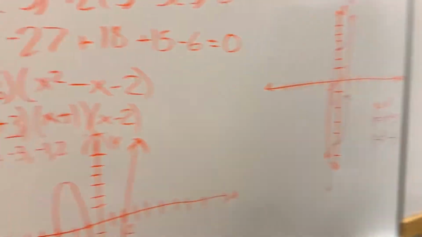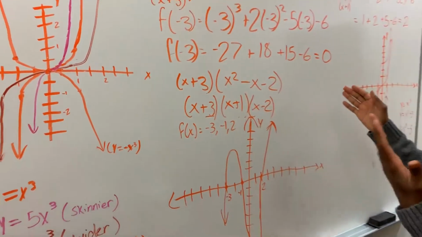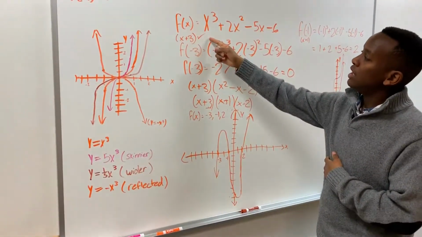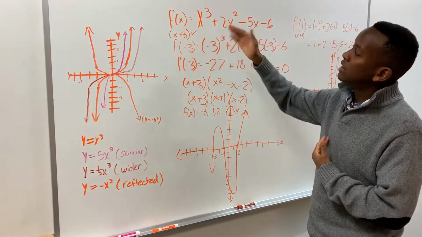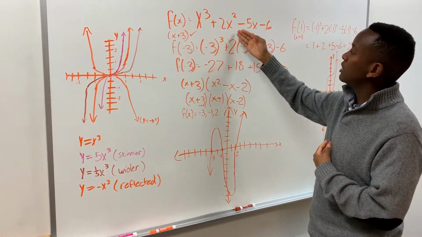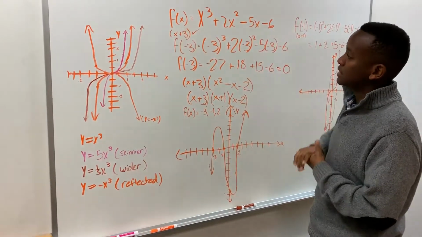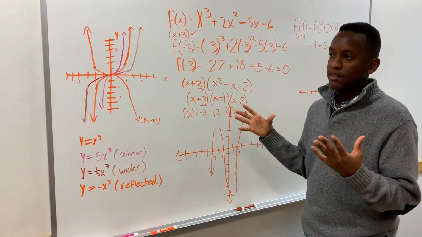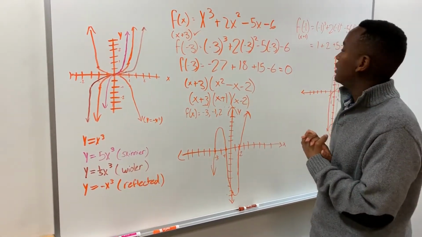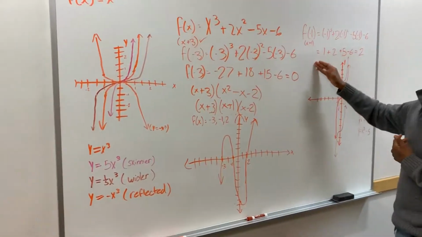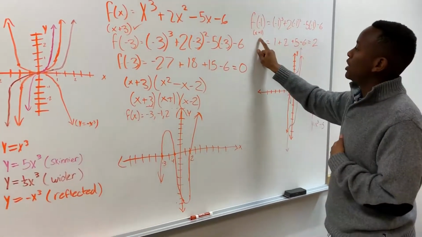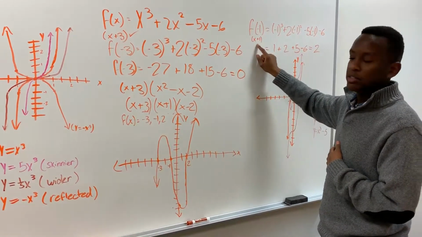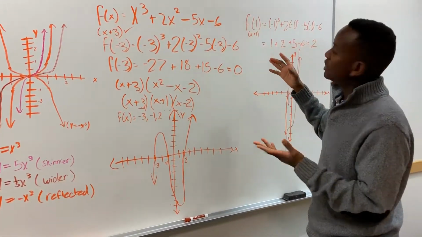And then for an example of a cubic function, we have this function: x cubed plus 2x squared minus 5x minus 6. To solve that, you have to factor it. First we guessed a factor of x plus 1, which would be x equals -1.